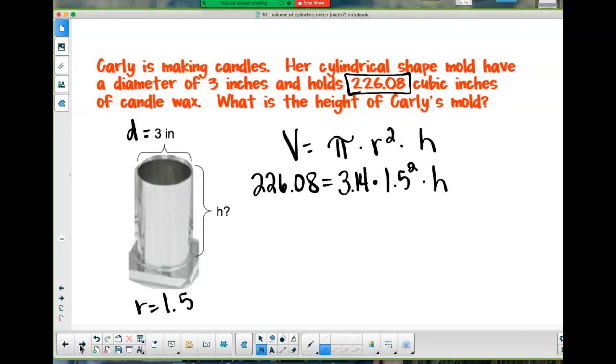Okay, let's start by doing this first. Draw your line. Okay, simplify anything we can. We can multiply these things together. 1.5 times 1.5 times 3.14. I got 7.065 times h equals my volume.